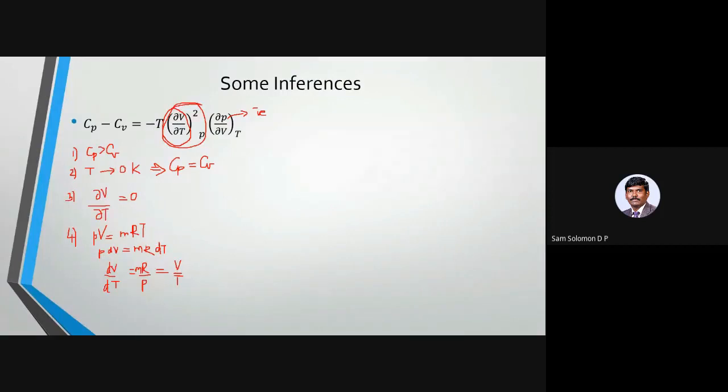What is the next term? Partial P by partial V at constant T. So what I require is dP by dV. How do you get dP by dV?